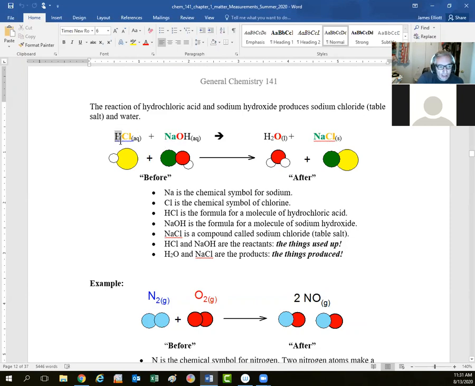We started with one hydrogen there and another hydrogen there, and by the end of the reaction, we still have two hydrogens. They just happen to be part of the same molecular product. We started with one chlorine atom. We're finishing with one chlorine atom amongst the products.